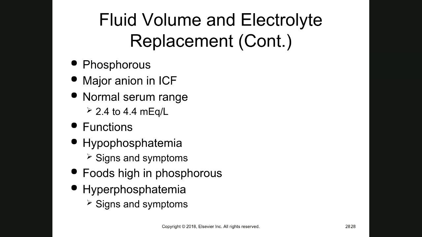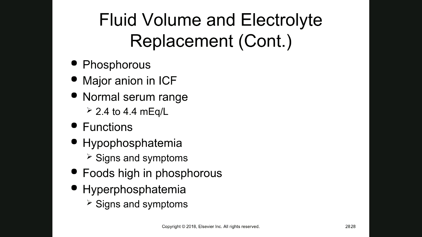And here we got phosphorus, which is a primary anion of the interstitial fluid, and is the second most abundant element in the body. But remember, you don't want too much of it. This is what the kidneys filter.